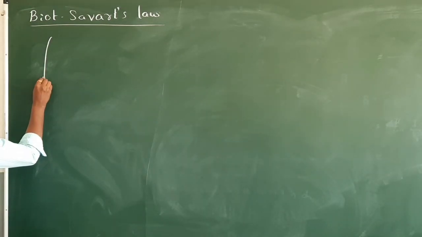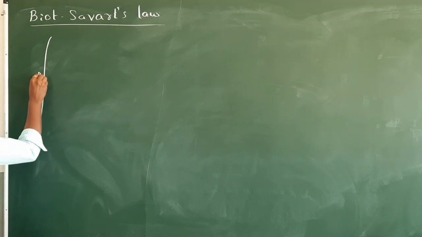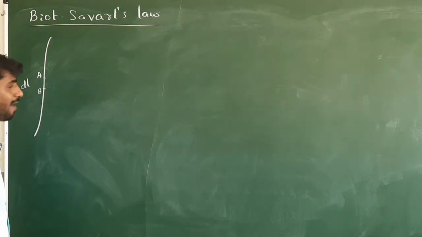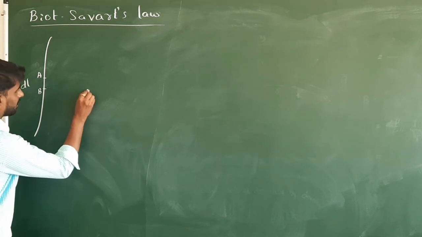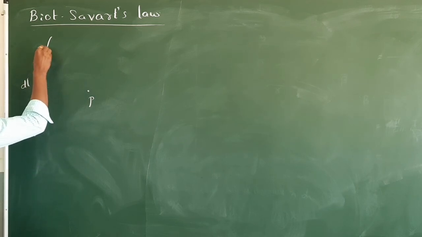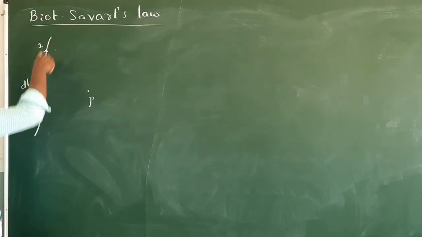I take a small element of that conductor, named AB, with length dl. I want to calculate the magnetic field at a point P due to that current element. The entire conductor carries current I, so the element also has the same current, the same I everywhere.